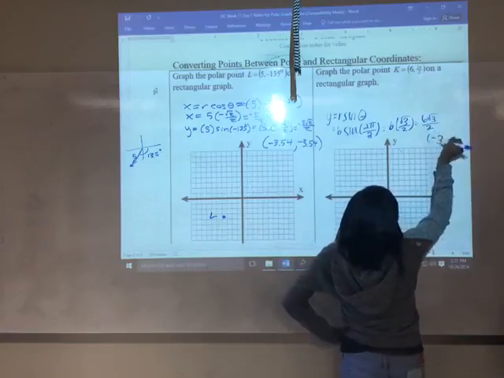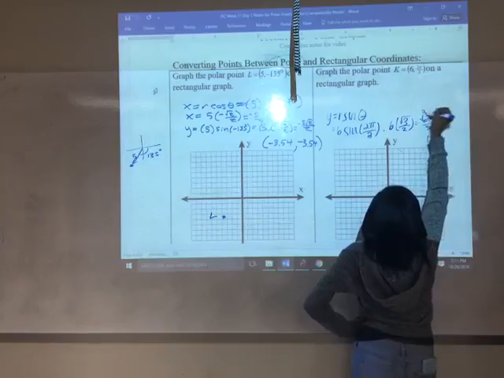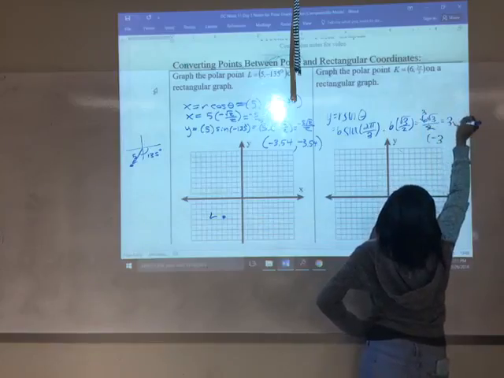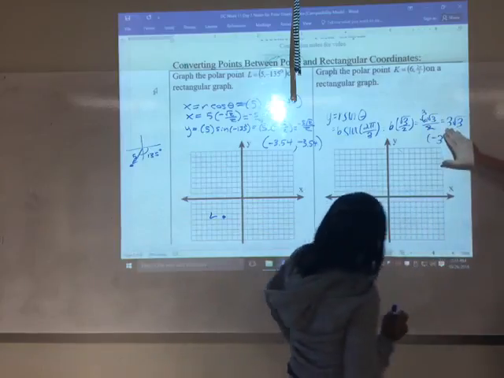That can be simplified, so that cancels. So that can be 3 square root 3. And 3 square root 3 is the exact value.